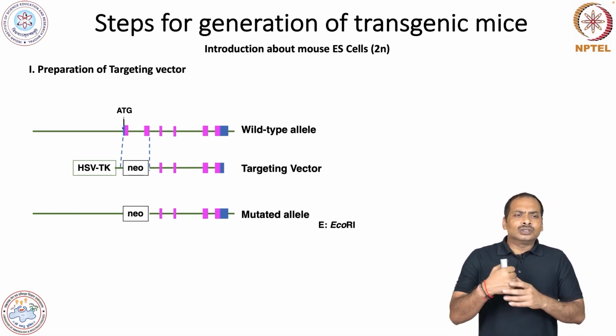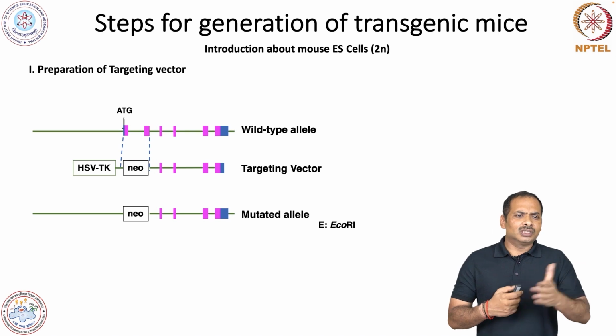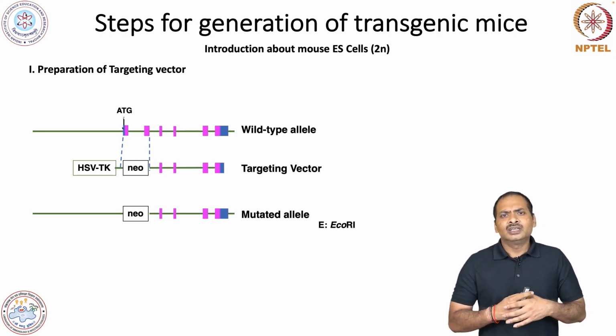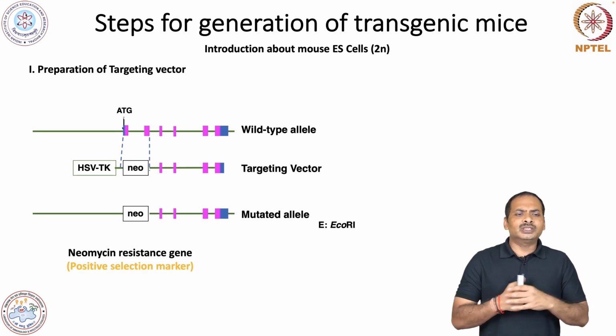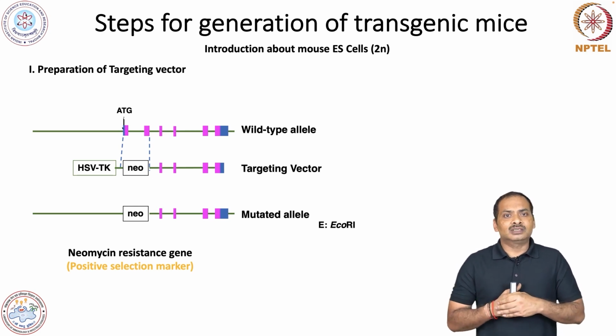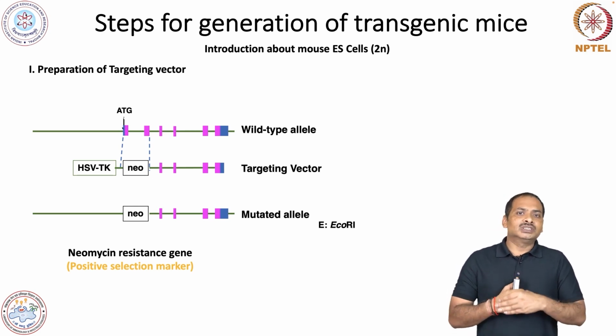Now I will tell you about the various components of this targeting vector. First, I will tell you about NEO. NEO is basically the neomycin resistance gene, and it is a positive selection marker. I will tell you what positive and negative selection markers are after a while.